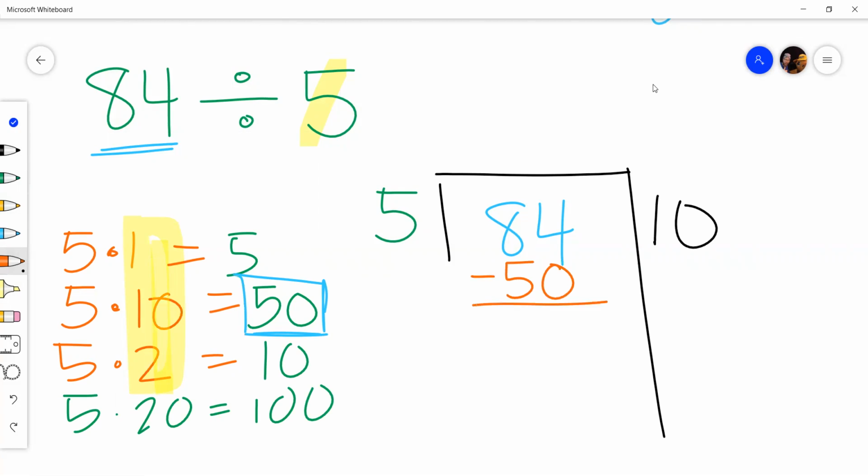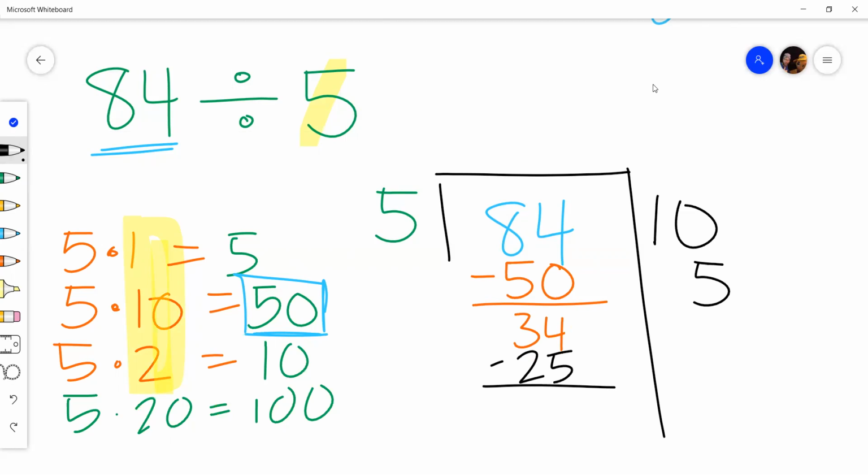So far I've used 50 of my 84, so I have 34 left. I know that 5 times 5 is 25. So again, I'm going to take that away. I'm going to go pretty quick through the partial quotient. There are other videos that show this process, so if you're watching this and you're like, wait, what?